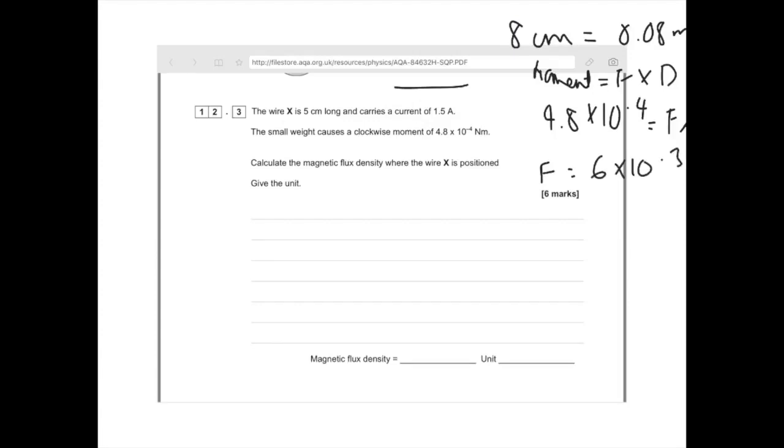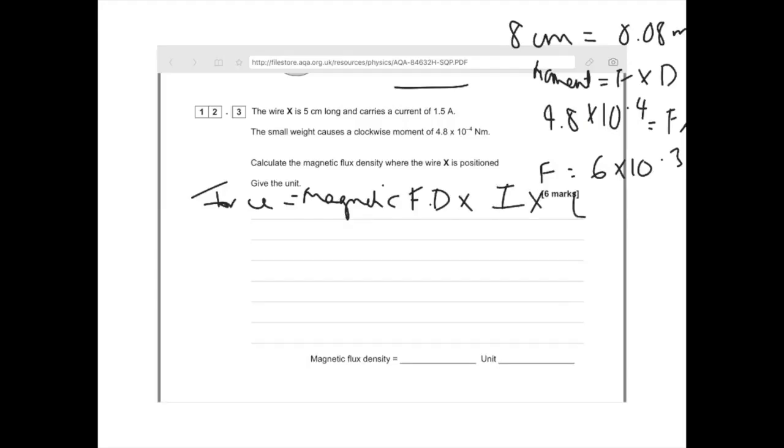The reason why we need this is we're now going to pluck out the equation that we need to work out the magnetic flux. So that's going to be force equals magnetic flux density, I'm going to write it like this, otherwise I'll run out of space, times current, which is given by I, times length.